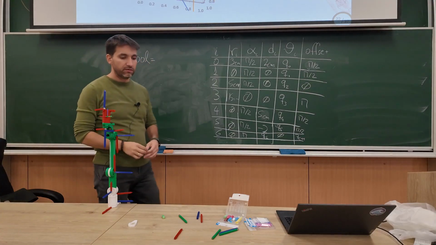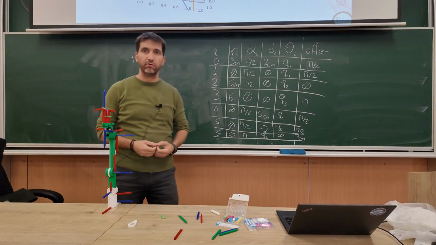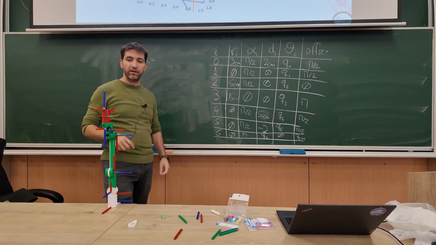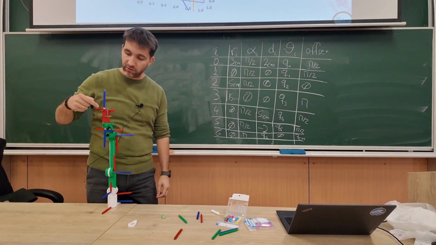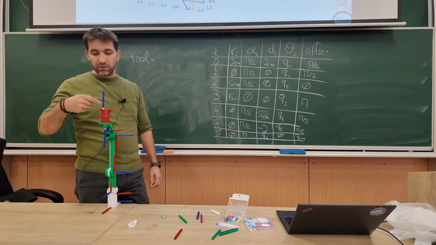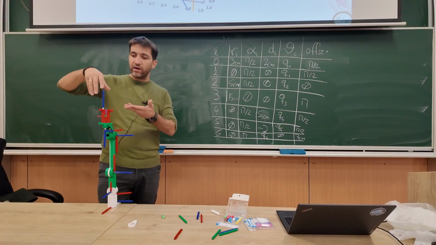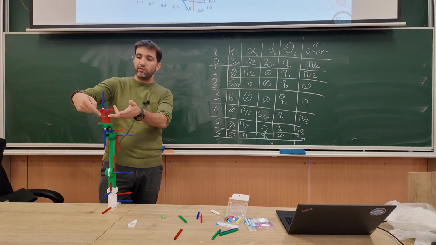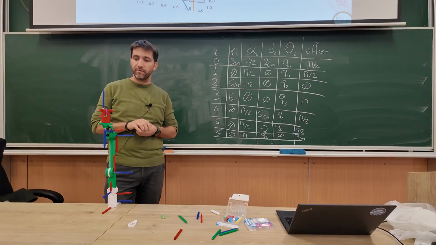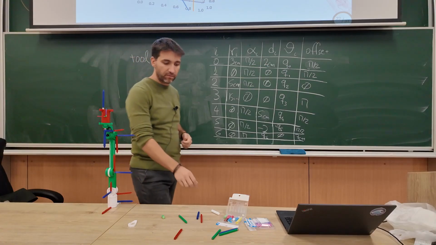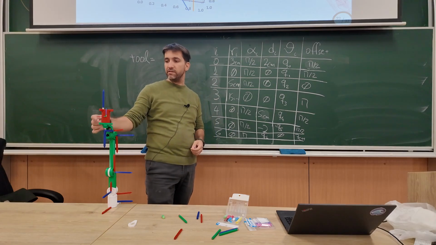You will see this in the lab, because you have to define it differently for the robot that you will build. So in this case, what is the transformation from this frame to this frame? How do I need to rotate this frame in order to reach this one? Is this visible actually?